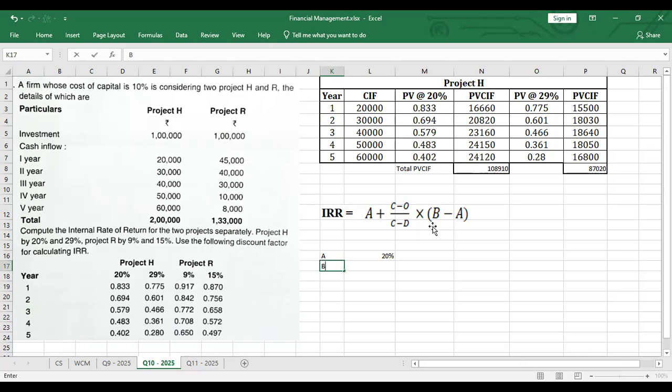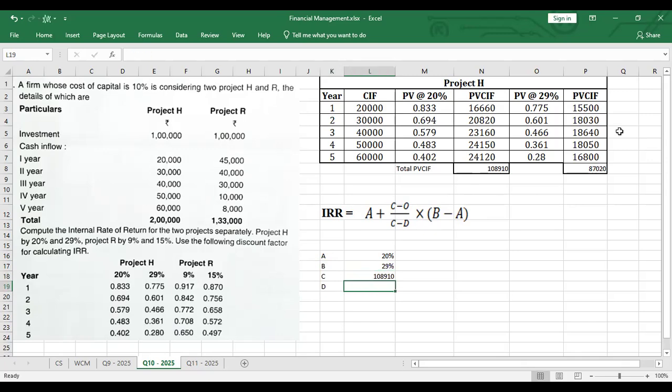Then next, B means the higher rate of return, 29%. C means the total present value at the lower rate, that is 1,08,910.